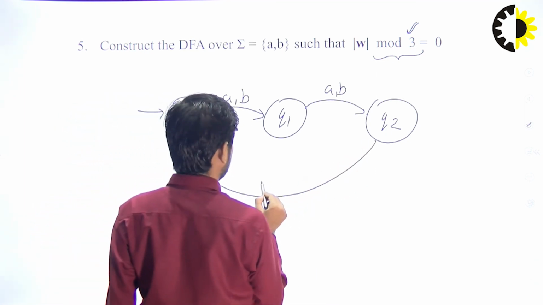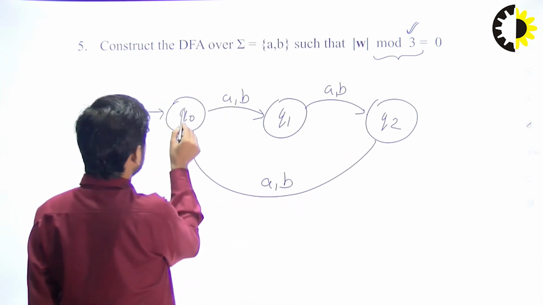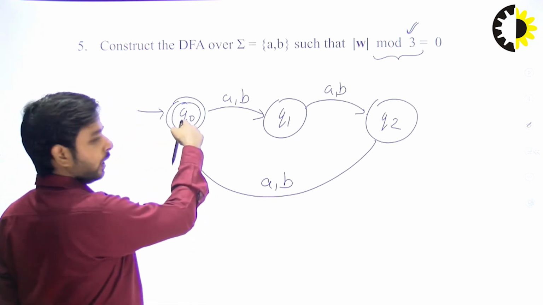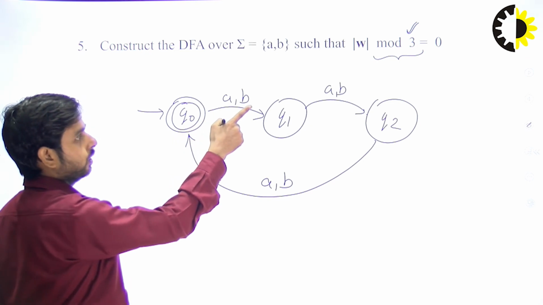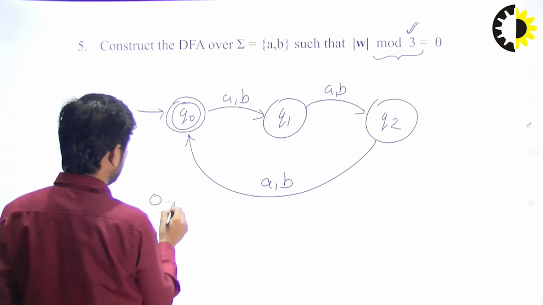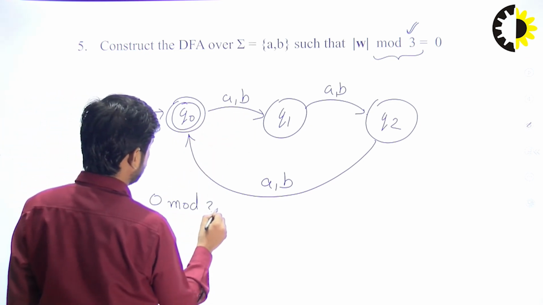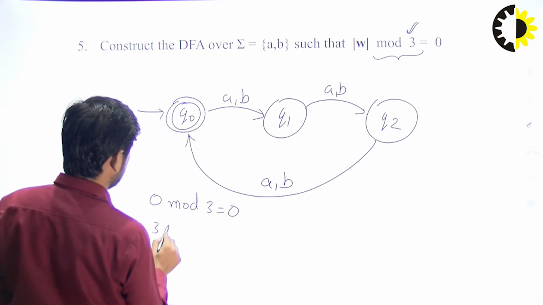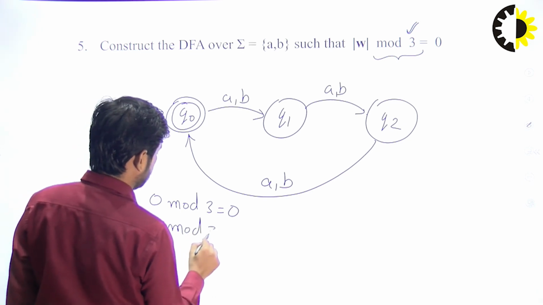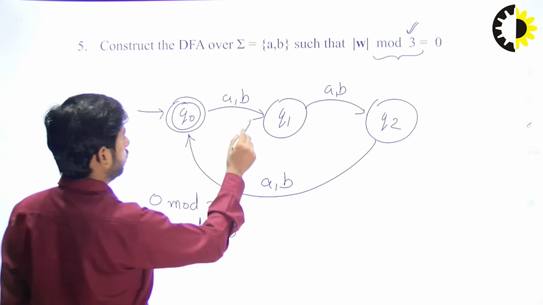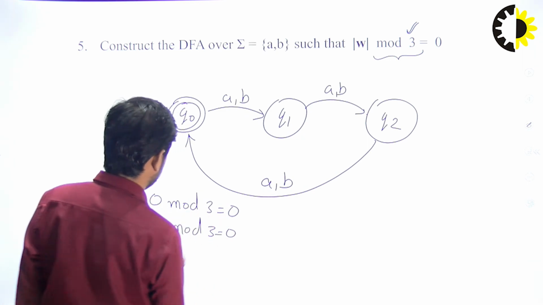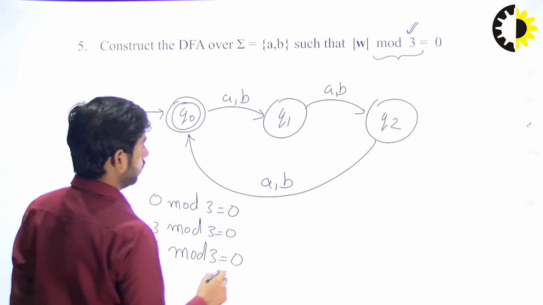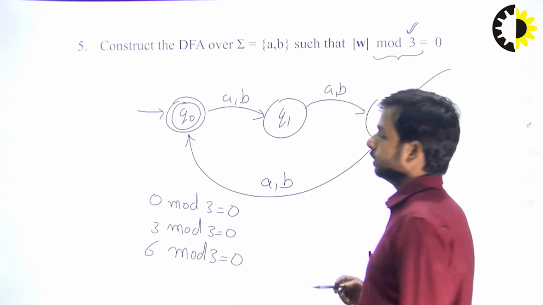Now on input A and B it comes back to Q0 itself. So 0 length is accepted, since 0 mod 3 equal to 0. Then length 3, 3 mod 3 equal to 0, and 6, 6 mod 3 equal to 0. So this is the DFA for the given language.